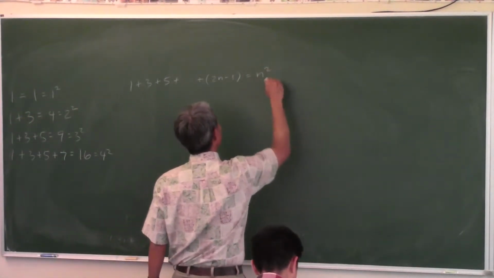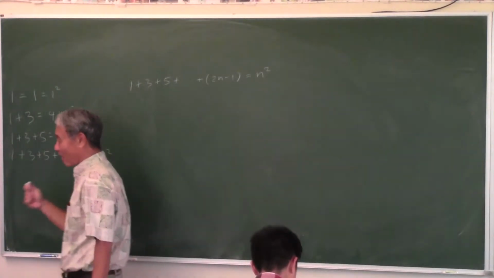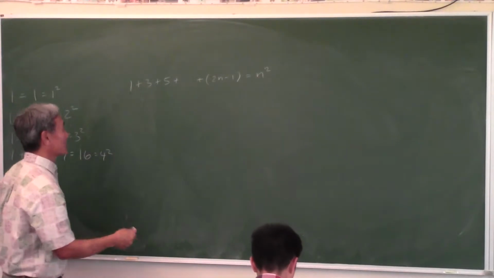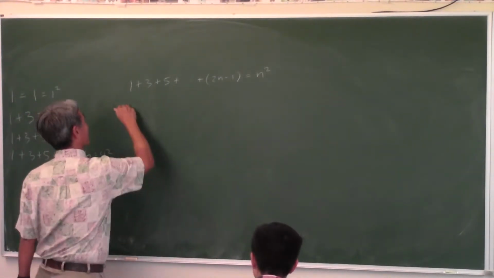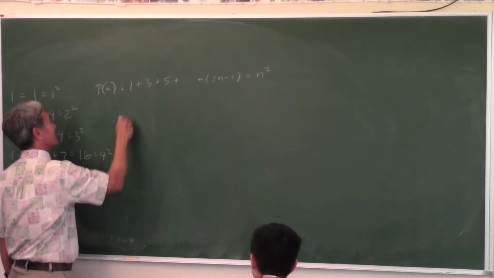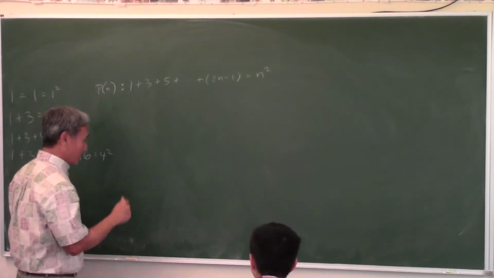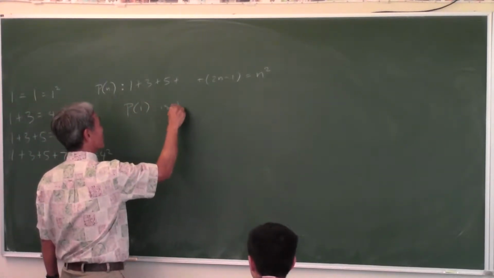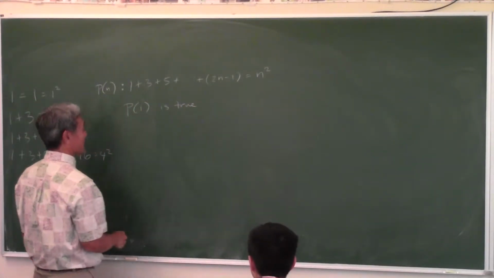We want to prove that this statement works for all positive integers. Let's call this statement P of n. The first thing you have to do in your proof is show that P of 1 is true. That's the base case.